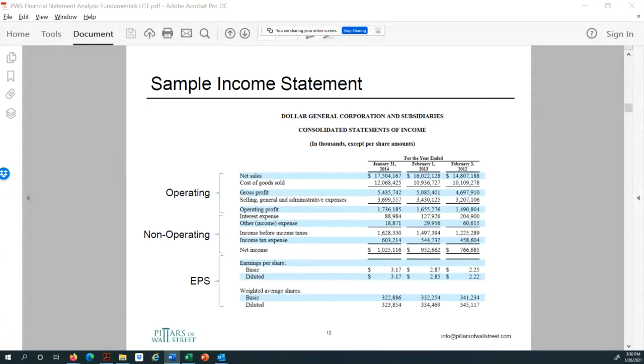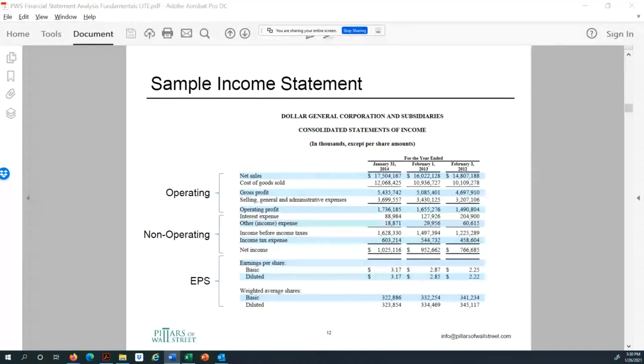Now, if I asked you a quick question, how many profit lines do you see on this page? Well, the answer is actually 6. There's gross profit, there's operating profit, and there's one in the middle you missed, the profit or income before income taxes. That's still an earnings number, a subtotal.